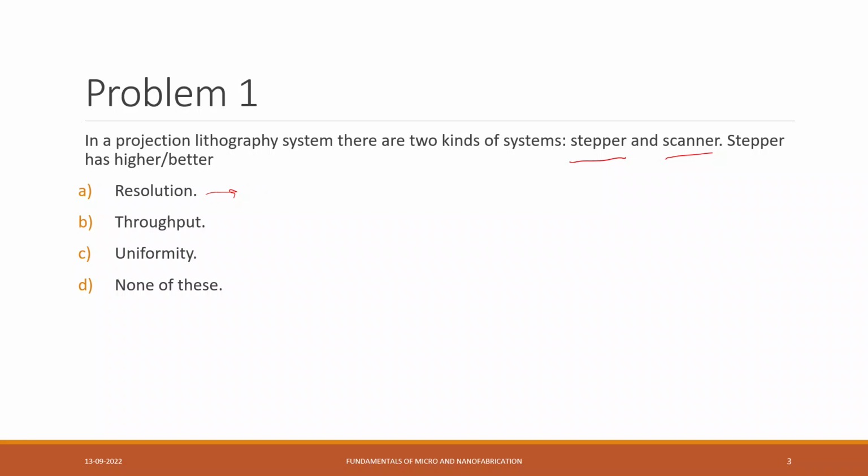If you have a low resolution, you can distinguish very small features. By throughput you mean you can scale up the process, so scaling up is easier. And uniformity means the uniform patterning of all the patterns. That's what the options mean.